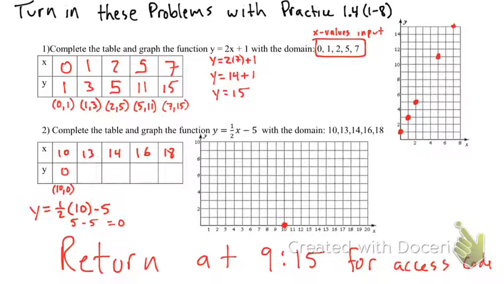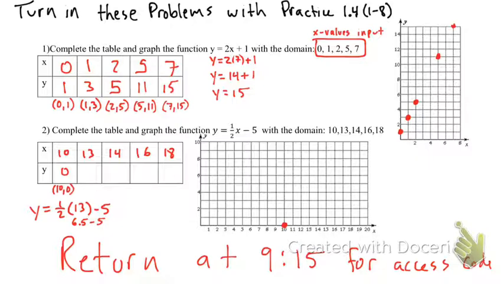Now let's do the next one. I'm going to plug in 13 for x. Okay, again, if you need a calculator, do it. Half of 13, or 1/2 times 13, is going to be 6.5.